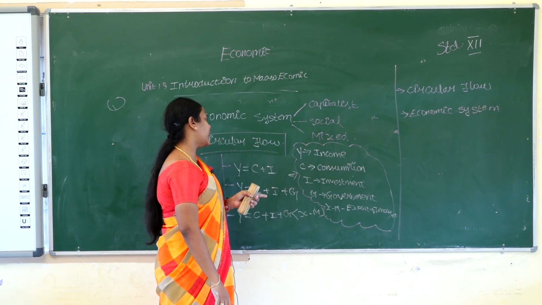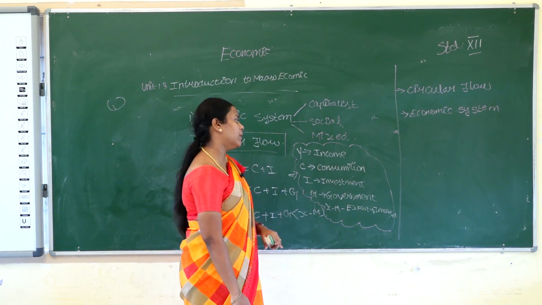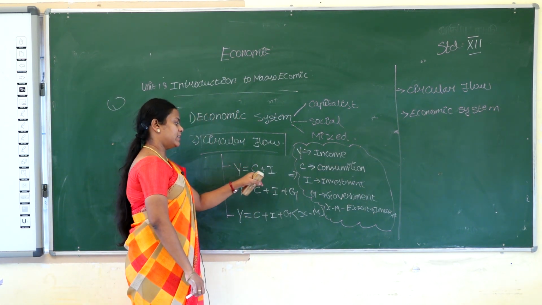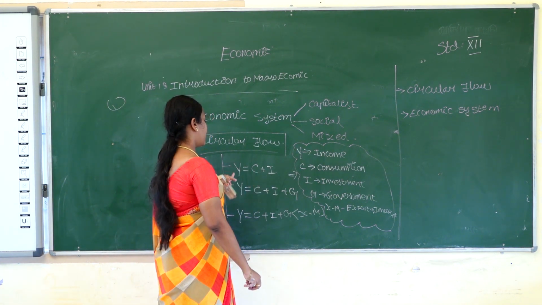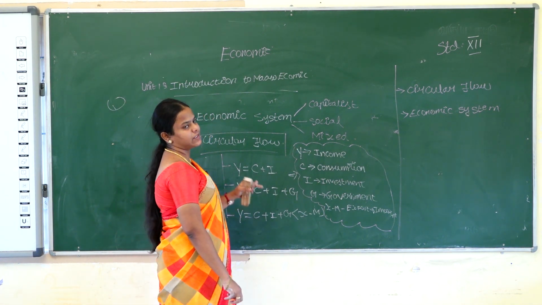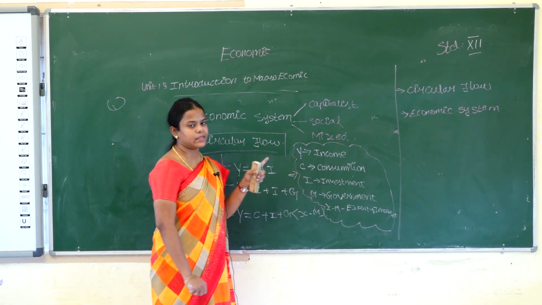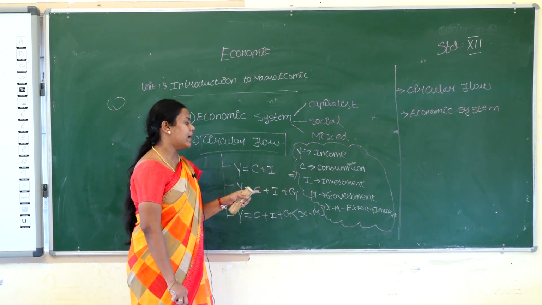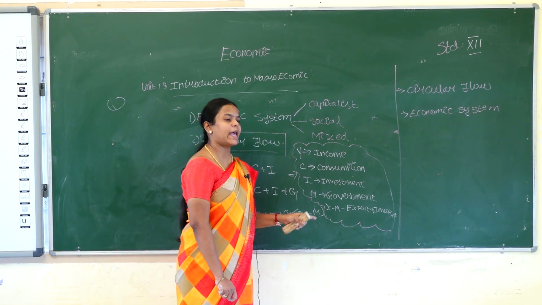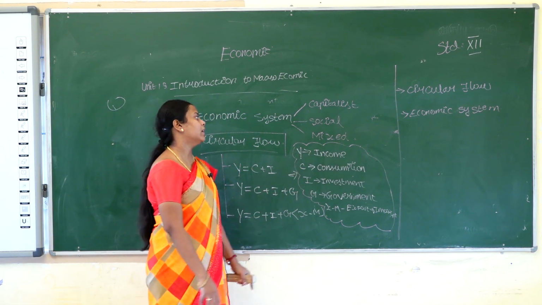These are the equations followed in the circular flow of income: y is equal to C plus I, y is equal to C plus I plus G, and y is equal to C plus I plus G plus X minus M. Y stands for income, C stands for consumption, I stands for investment, G stands for government, and X minus M stands for export and import.